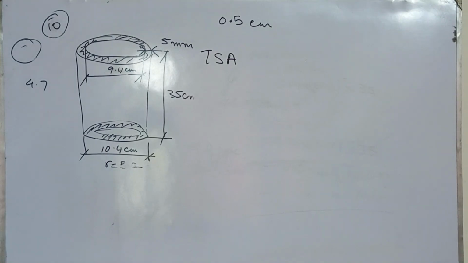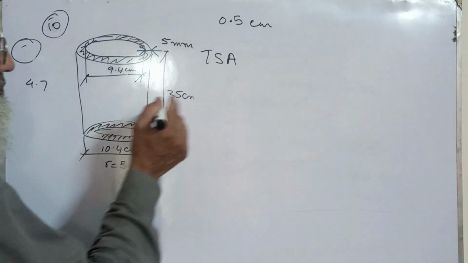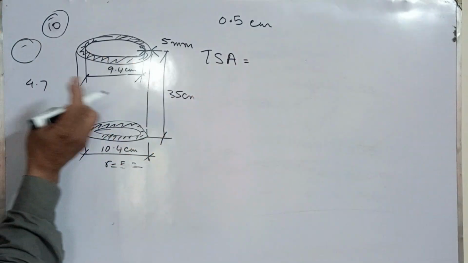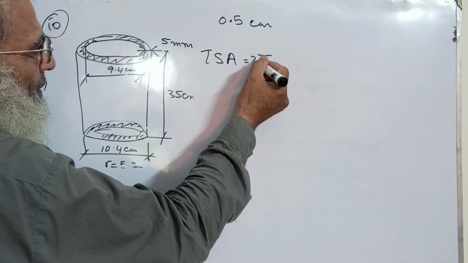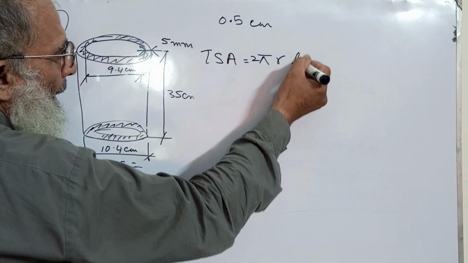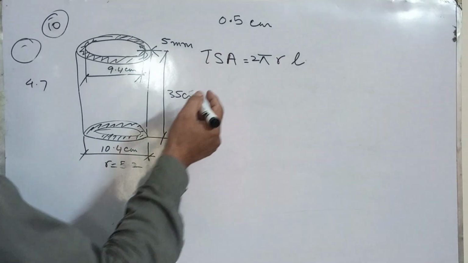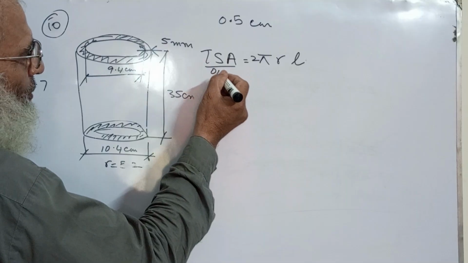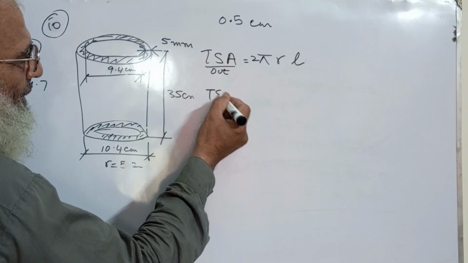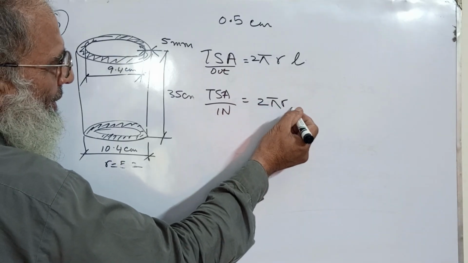First we will calculate the area of the outer side, that is equal to 2 pi r L. And again the internal TSA, that is equal to 2 pi r L again.